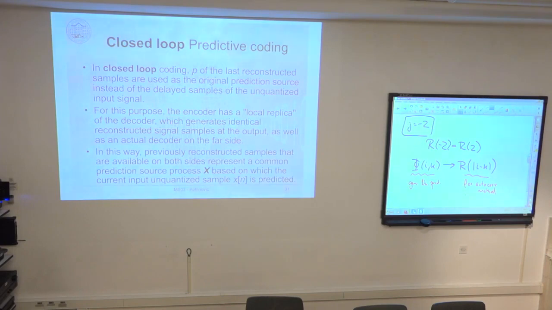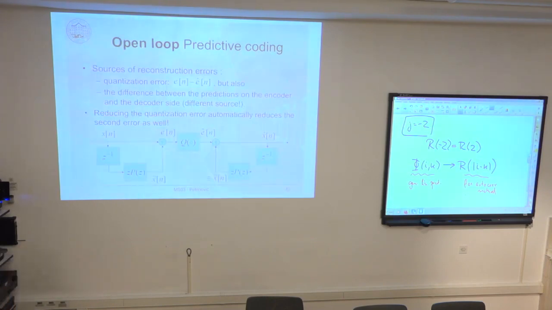Another alternative for predictive coding is to solve the problem of different predictions. Obviously, one additional source of error is that these two are not equal. One source of the error is caused by quantization. This E of n is not equal to E hat of n, and obviously I cannot have x hat equal to x of n.